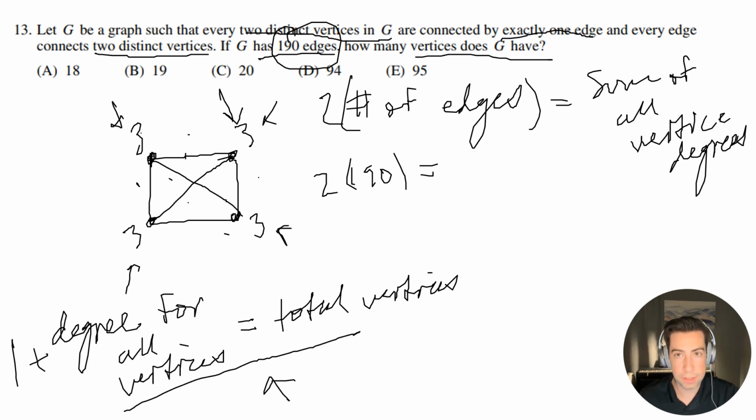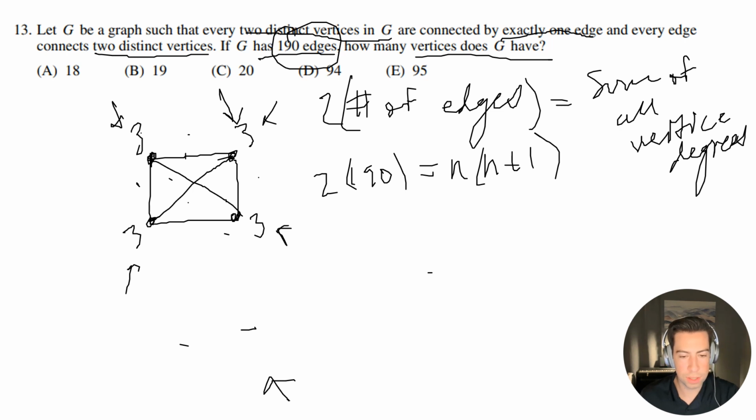So I'm going to call the highest degree n. Now I know that the total number of vertices is going to be n plus 1. Now that we know this, I'm going to erase these assumptions to give me some more room.